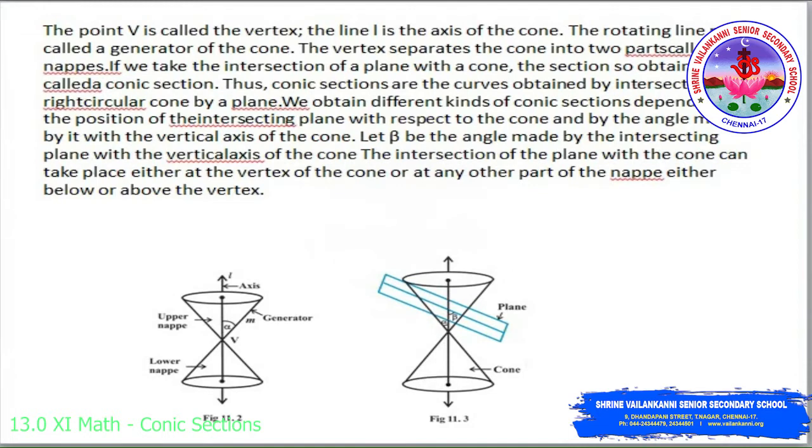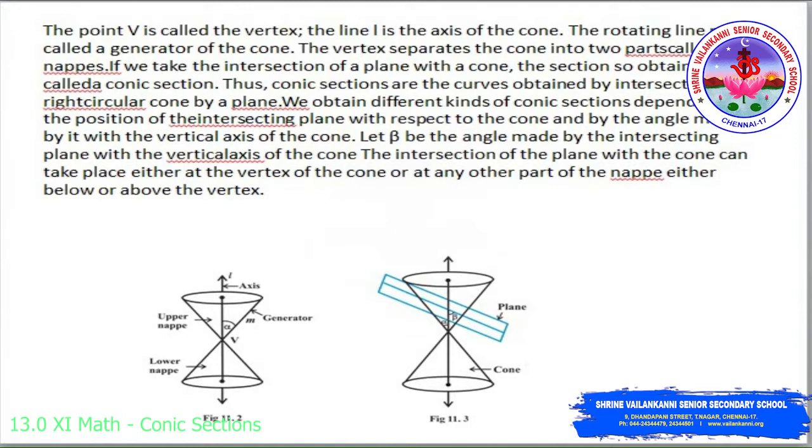Here you can take this as a fixed line L, and another line M intersecting it at a fixed point V and inclined to it at an angle of alpha. Suppose we rotate the line M around the line L in such a way that the angle alpha remains constant.